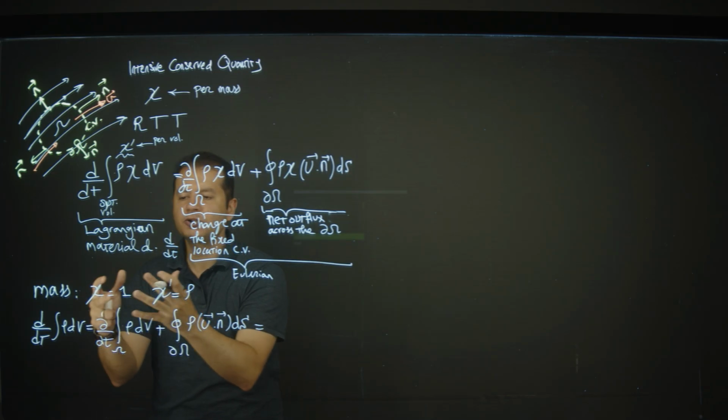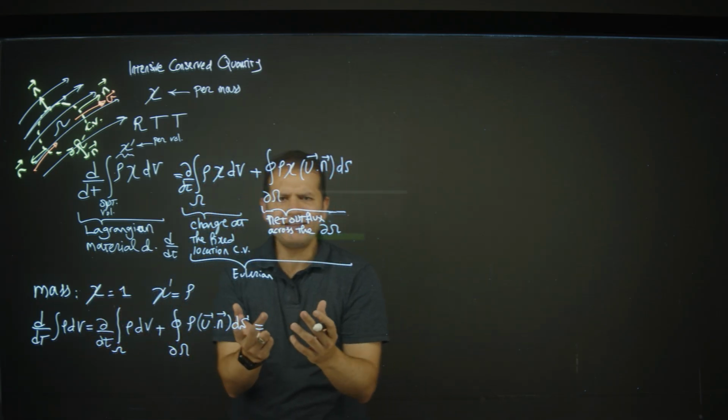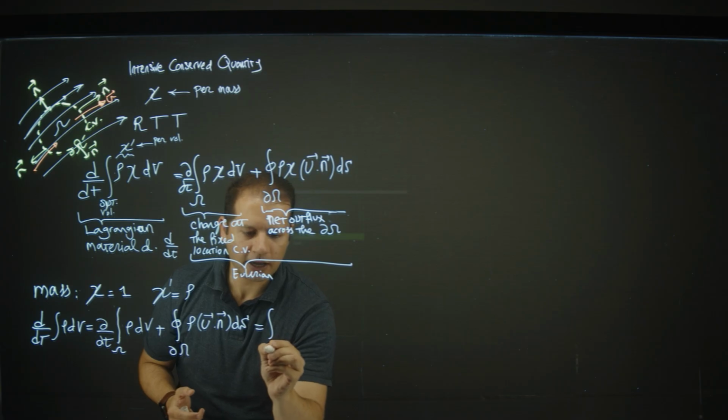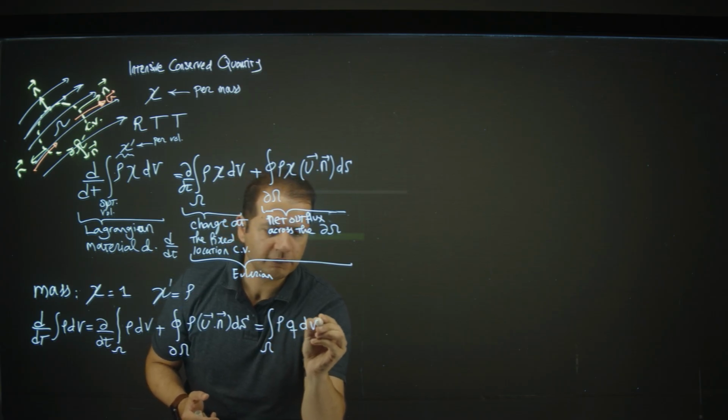Now the total change of mass is 0 if there is no source. If I have a source there, I also have over my control volume rho Q dV.